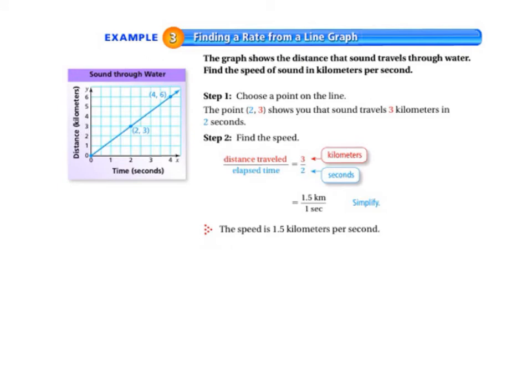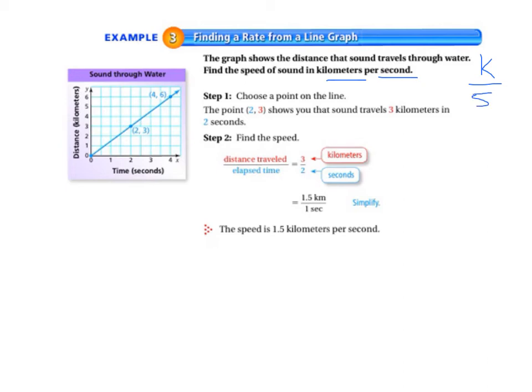Finally, we're going to find our rate from a line graph. The graph shows the distance that sound travels through water. So we're going to find the speed of sound in kilometers per second. So that means we're going to have kilometers for our numerator and seconds for our denominator.